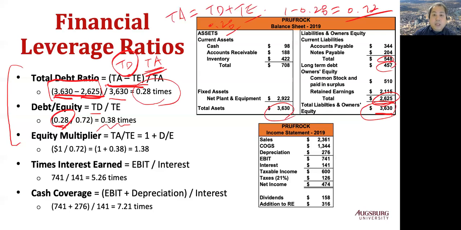The final one is the equity multiplier, total assets divided by total equity. You can rewrite this as total equity plus total debt, over total equity. The first part is 1. The second part is total debt divided by total equity, the debt to equity ratio.